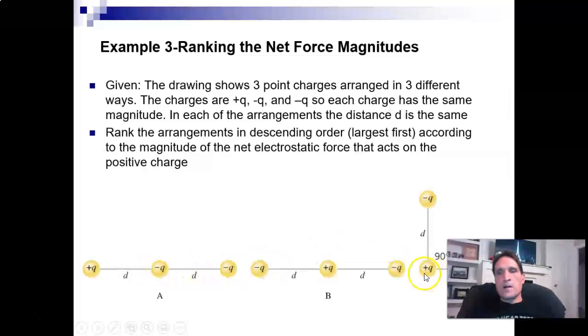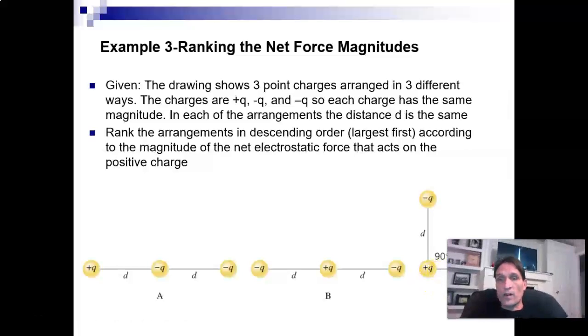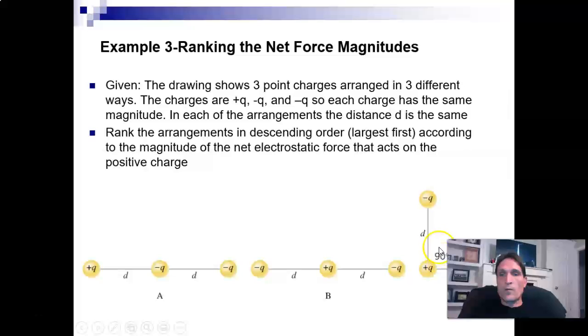Now let's compare that with part C. In part C, this positive charge Q will experience an attractive force due to the charge on the top, separated by a distance d. It'll also experience an attractive force due to the charge on the right. That also has a separation d, and they're both attractive.